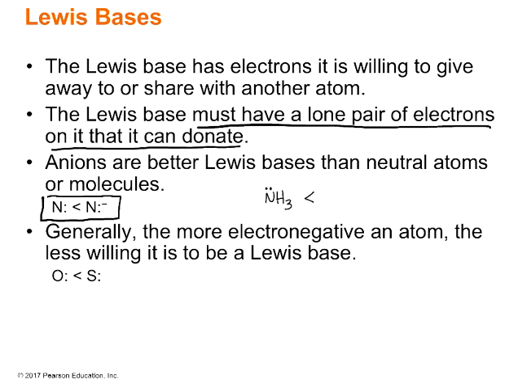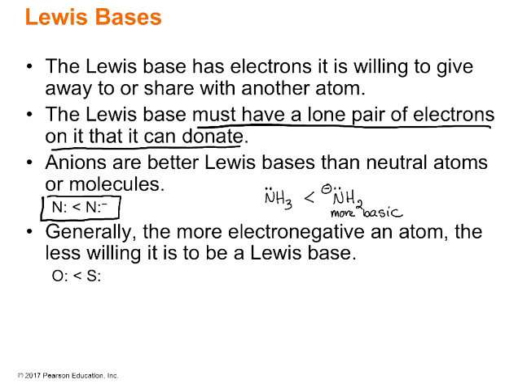That's going to be less basic than a nitrogen that's only bonded to 2 hydrogens and has a negative charge. So really, anything with a negative charge is going to be a better Lewis base than something that's neutral.